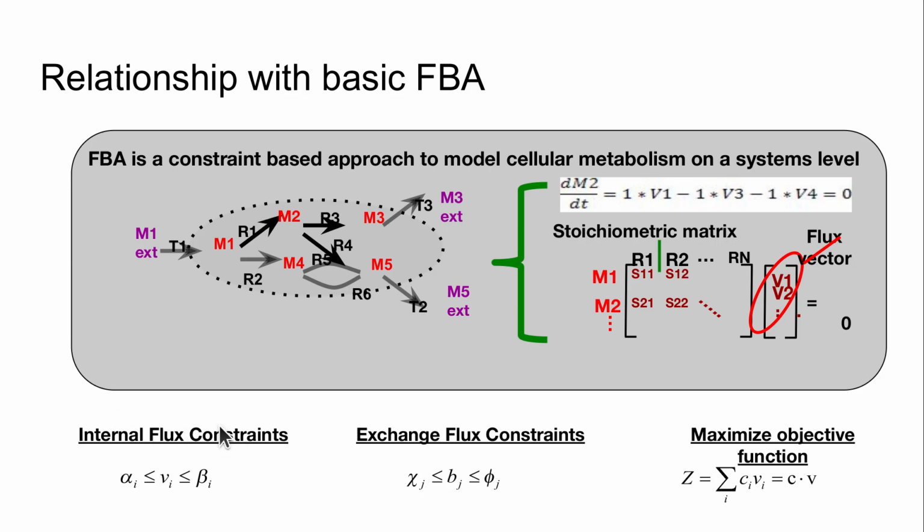Typically, these internal fluxes aren't too constrained. We're just going to add an upper and a lower bound to them for numerical reasons, but in basic FBA, you typically consider these to be mostly unconstrained. And then lastly, we have an objective function, which will typically be a single reaction, typically biomass, but there are always possibilities to change that. These objective coefficients multiplied by the flux vector have to be maximized.